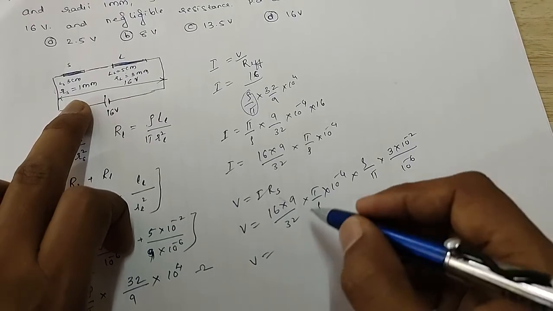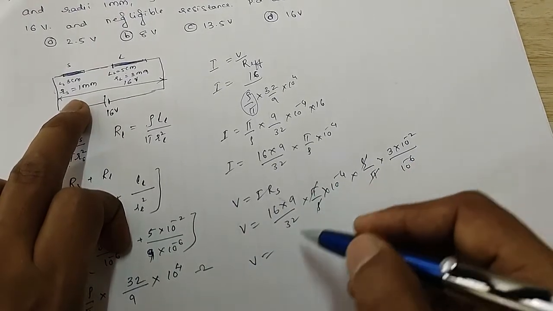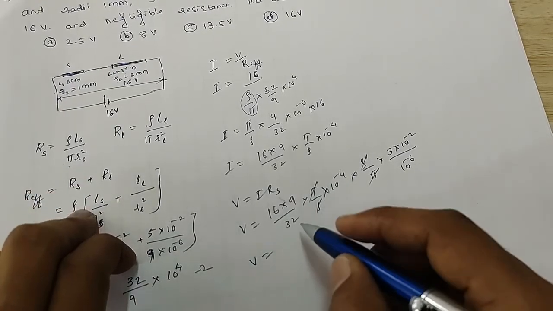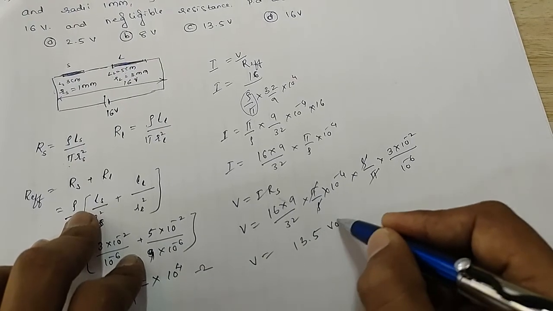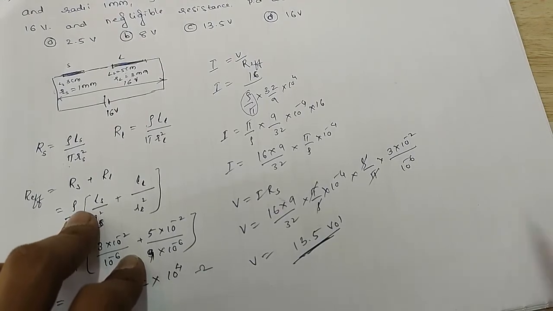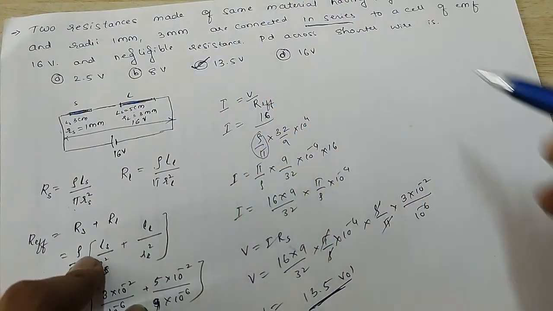Now you can cancel out pi and rho. After all the simplification, you will get 13.5 volt. So the answer is 13.5 volt; option number 3, or option C, is correct.